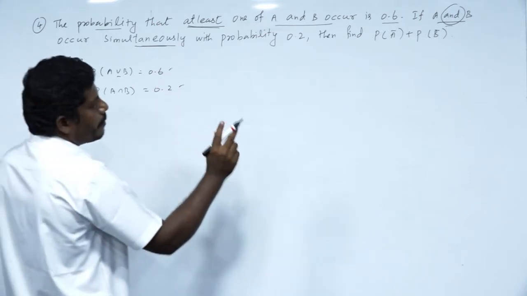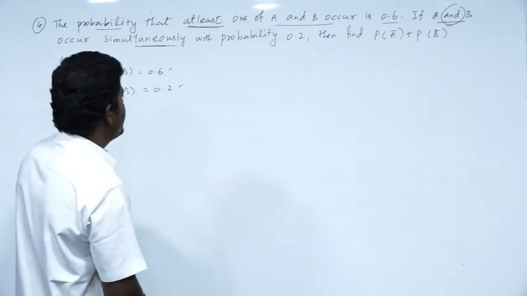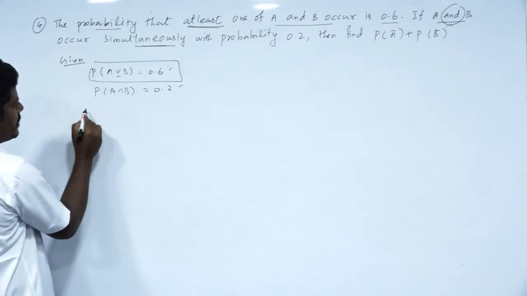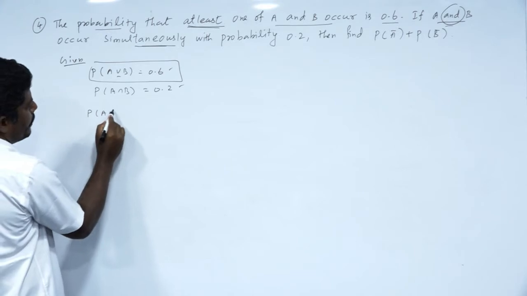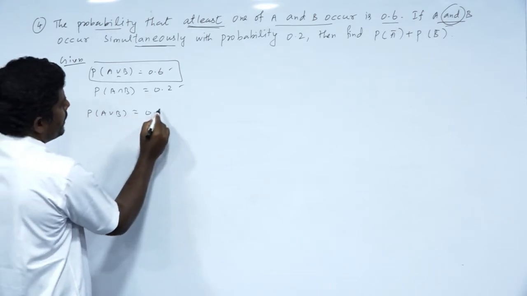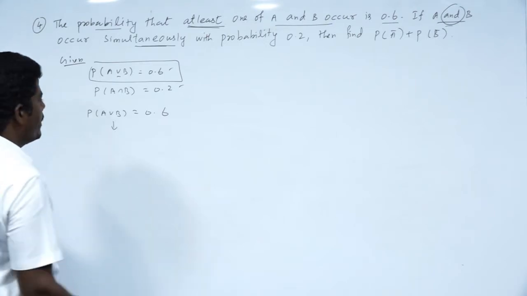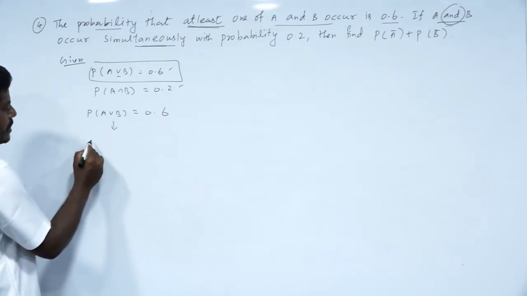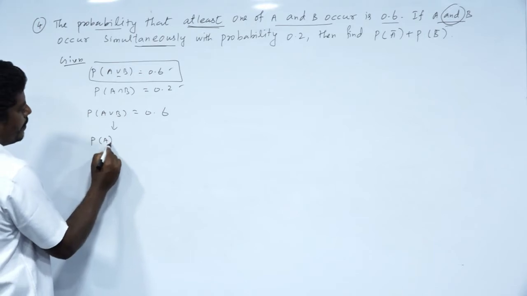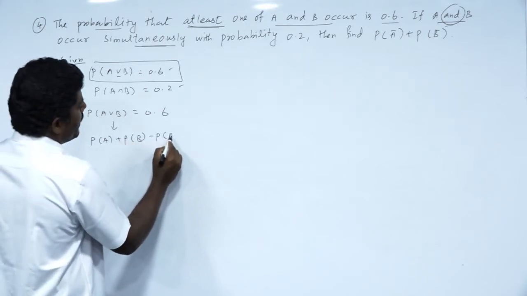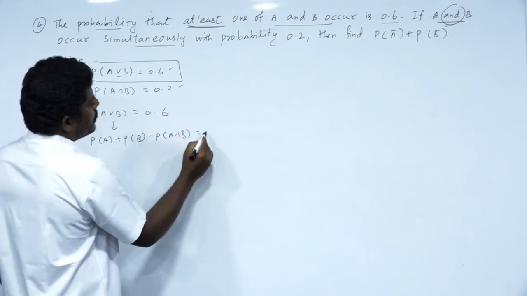We want to find probability of A bar plus probability of B bar, my dear students. Now I am going to expand probability of A union B. We know that probability of A union B is equal to 0.6. The formula is probability of A union B equals probability of A plus probability of B minus probability of A intersection B, equal to 0.6.